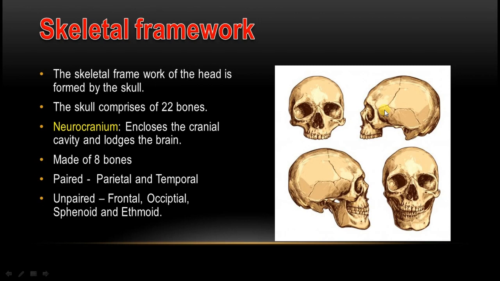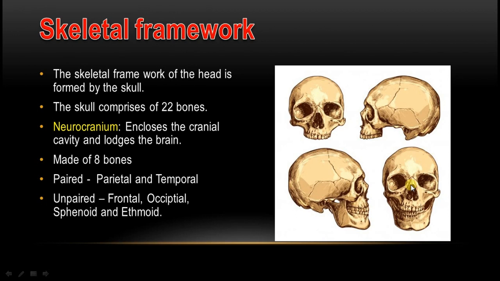This part which you are looking at on the sides is the greater wing of the sphenoid. So on either side you have the greater wing of the sphenoid. It is actually one bone, a part of the sphenoid bone which you are seeing on either side, the left and the right wing of the sphenoid. So that forms one, and one more bone is the ethmoid bone, which you see towards the nasal cavity.